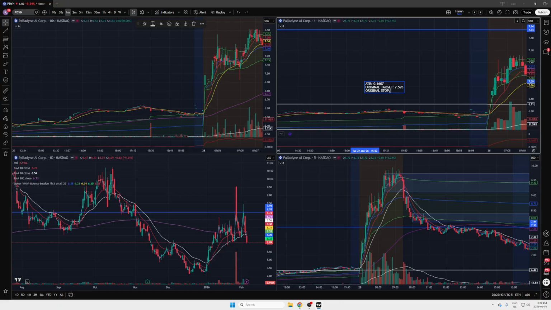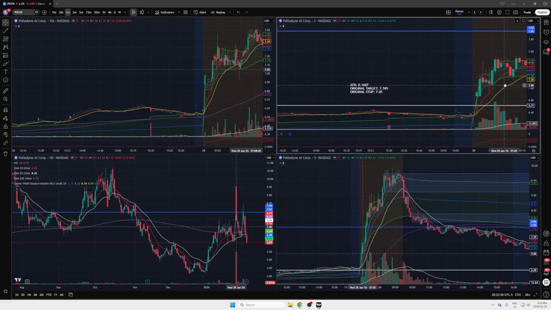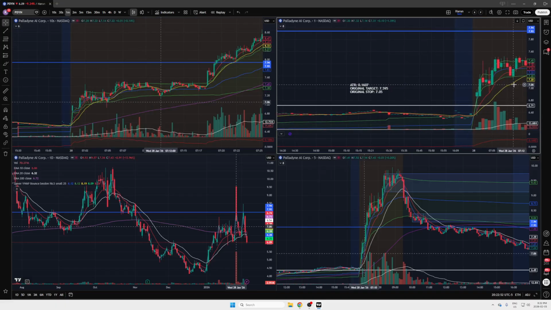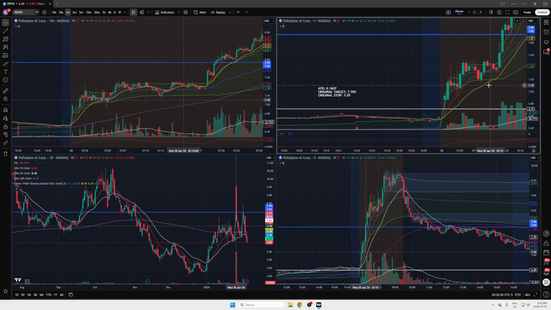So the original stop is going to be 7.05. Now remember, if this happens and it comes down to 7.05, the trade is invalid. You no longer have an entry.